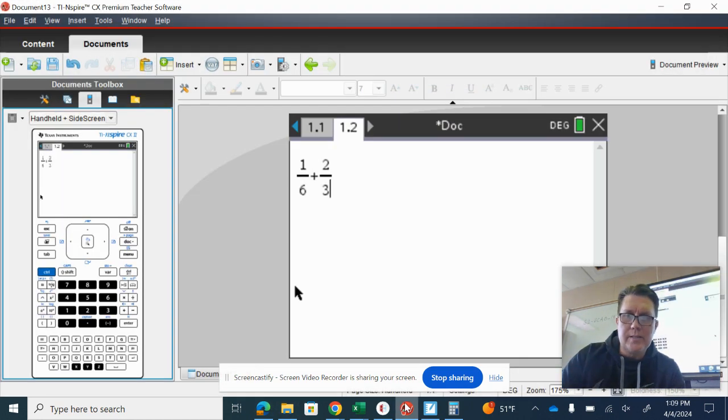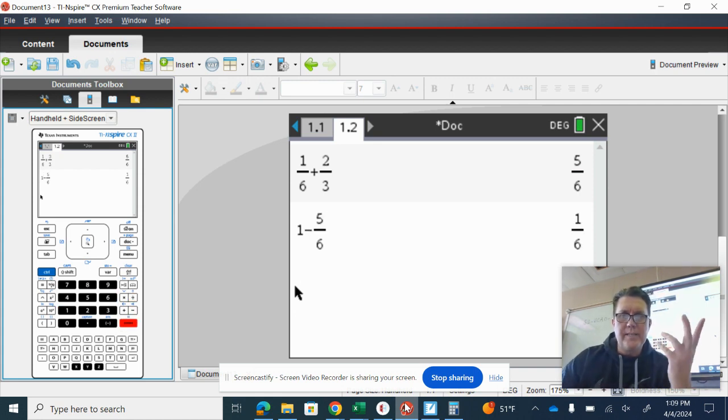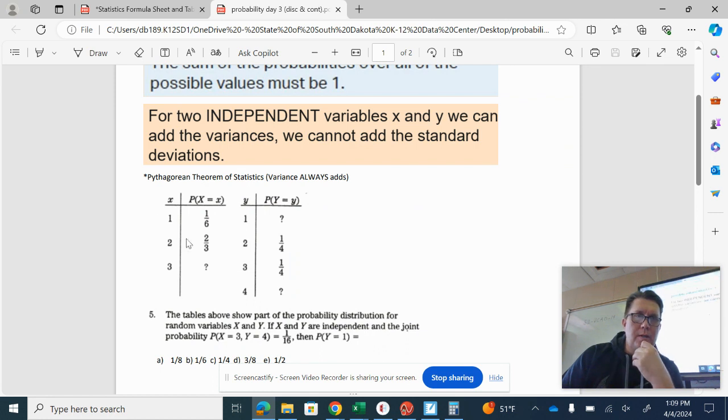We have to figure out the other one. That's a total of 5/6, so we'll take 1 and subtract the 5/6. We'll get 1/6. So this missing probability is 1/6. In any discrete random variable, the totals of those have to be 100%.